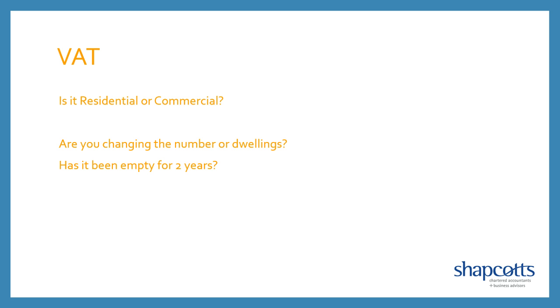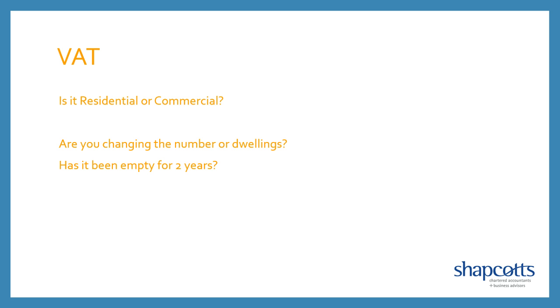So for an HMO conversion from a single dwelling to a 4-bed HMO or a 5-bed HMO, etc., your builder, your plumber, your electrician, your painter, all these sorts of things, they can be charged to you at only 5% VAT. So that can be quite useful for keeping your budget costs together.